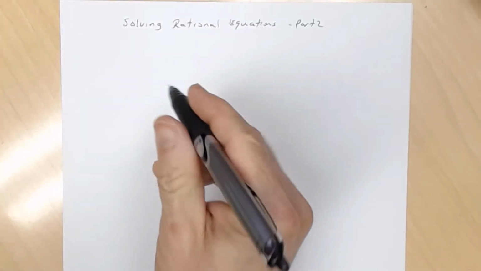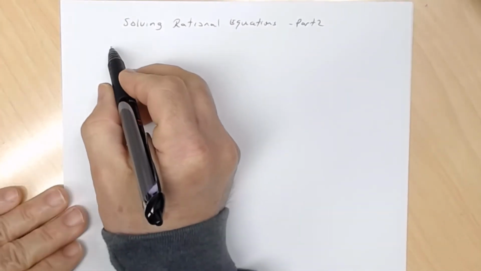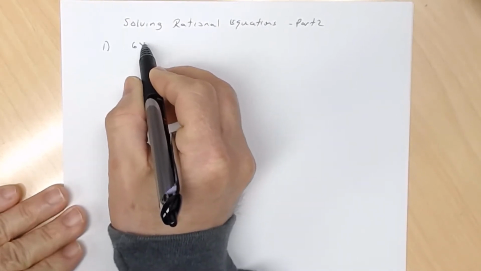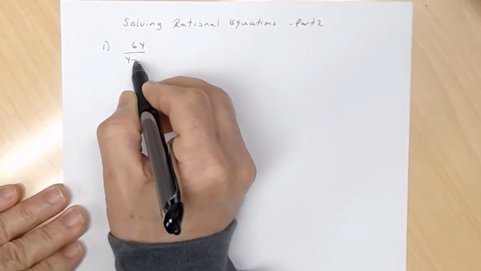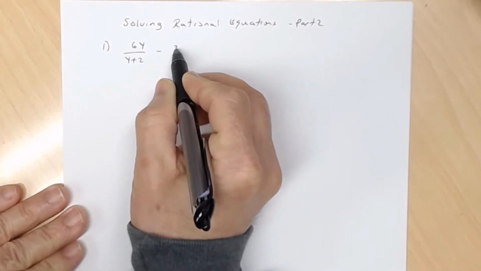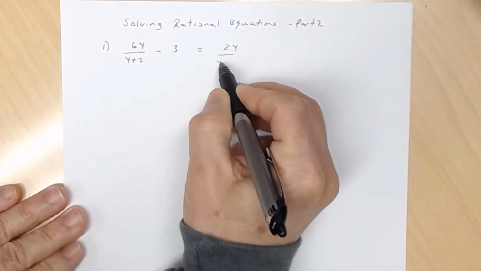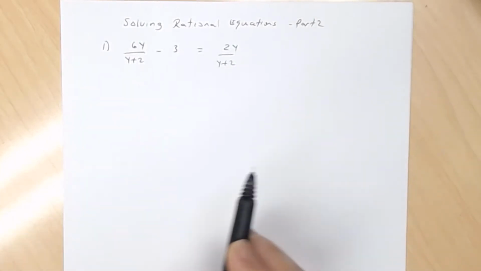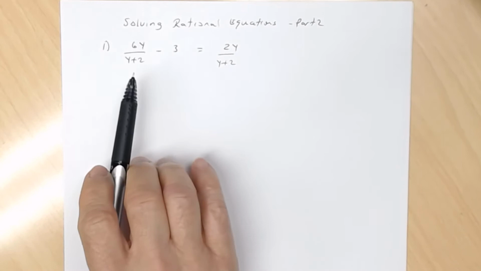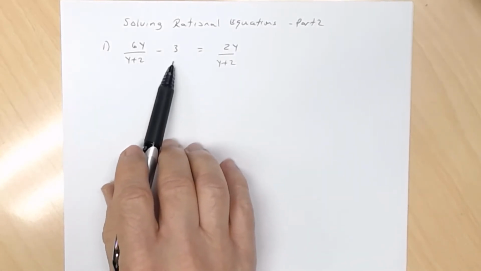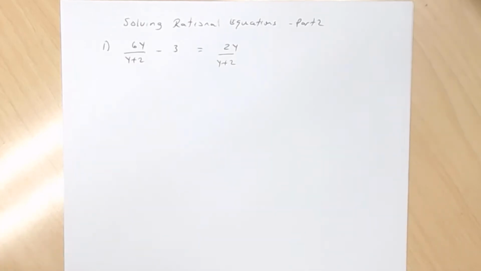So for example, number 1, suppose I had 6y divided by y plus 2, minus 3, equals 2y divided by y plus 2. This denominator is y plus 2, this denominator is 1, and this is y plus 2. Let me go ahead and make it a little bit bigger.